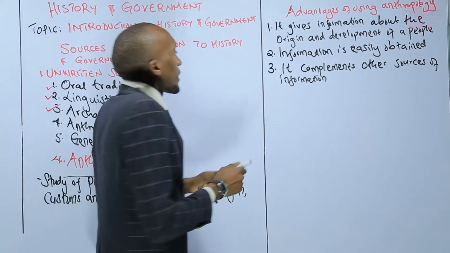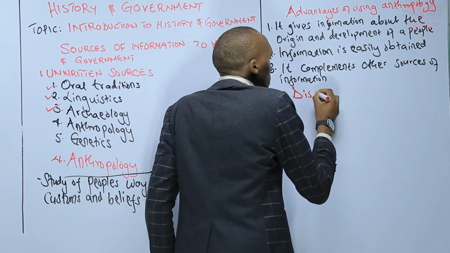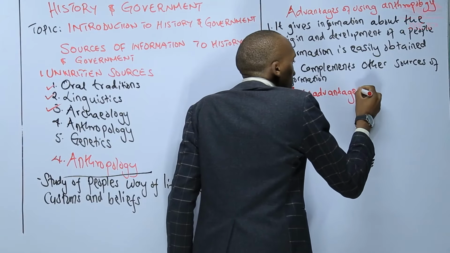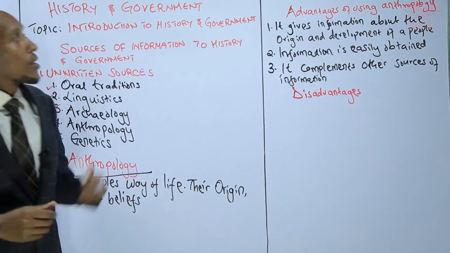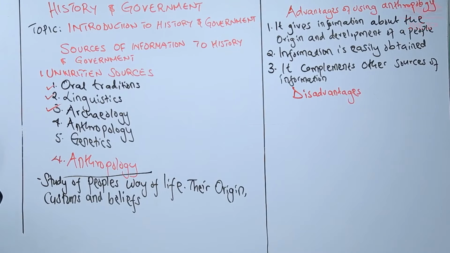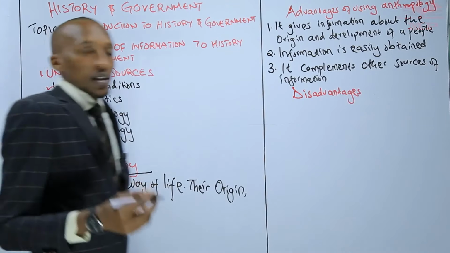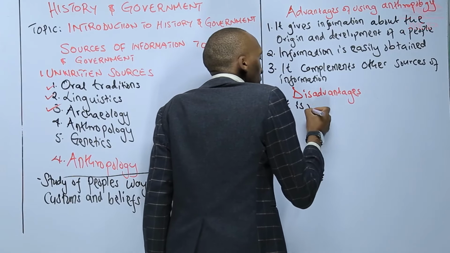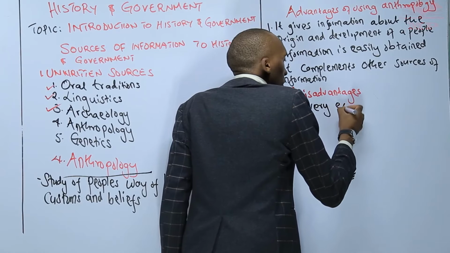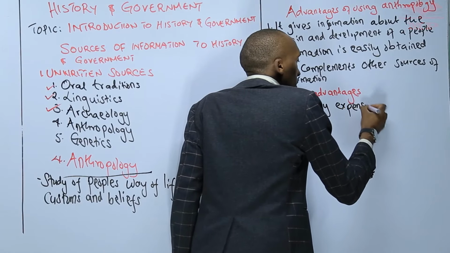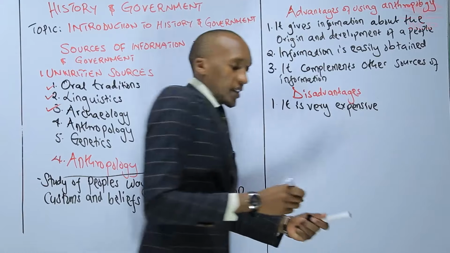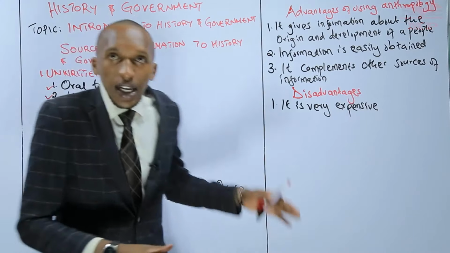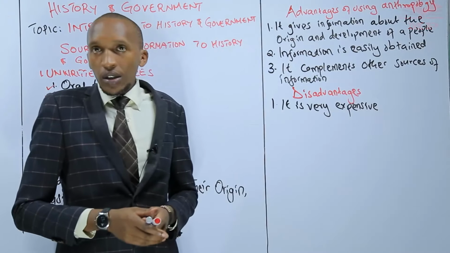So let us look at the disadvantages of using anthropology as a source of information. The first one, that is the most obvious one, it is very expensive. Why? The scientist has to move from their own land to come and interact with the group being studied.